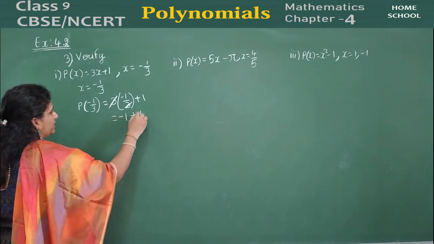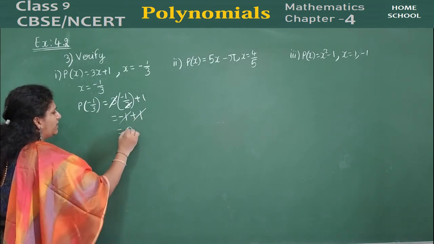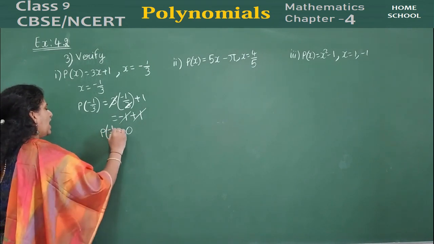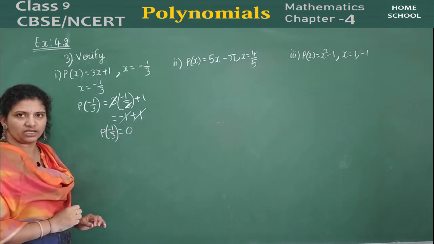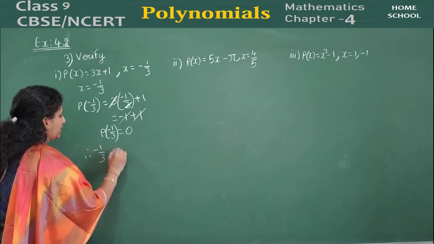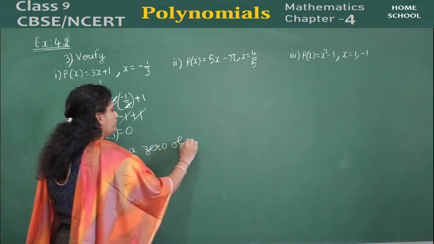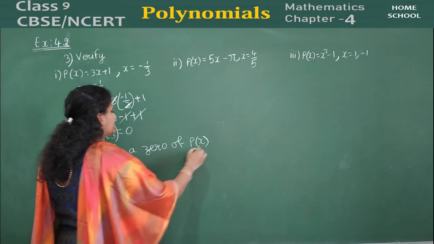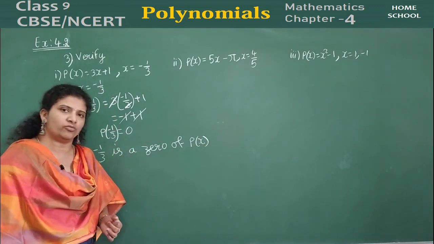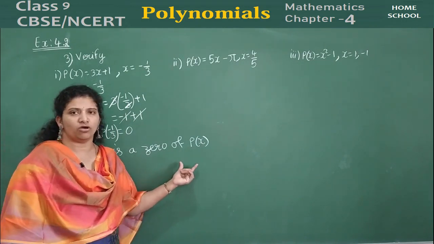Minus 1 plus 1, which is 0. Therefore, what did you get here, children? I got p of minus 1 by 3 equal to 0. Therefore, minus 1 by 3 is a 0 of the polynomial p of x.